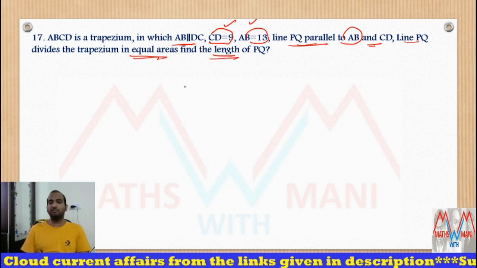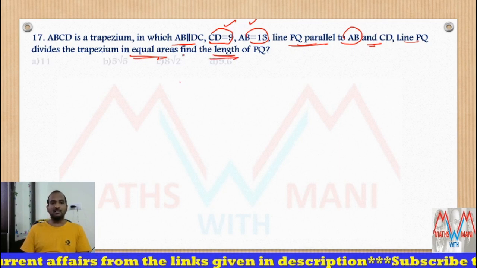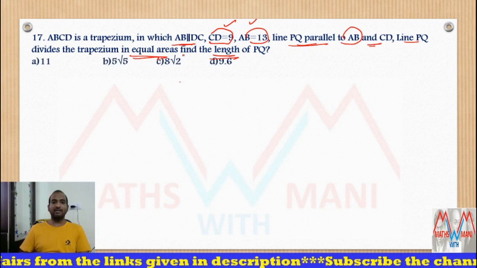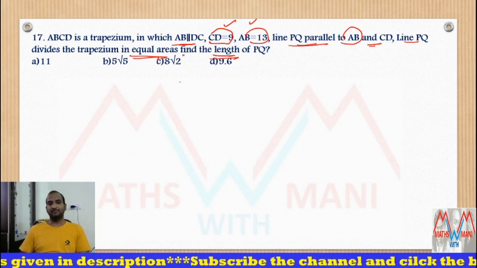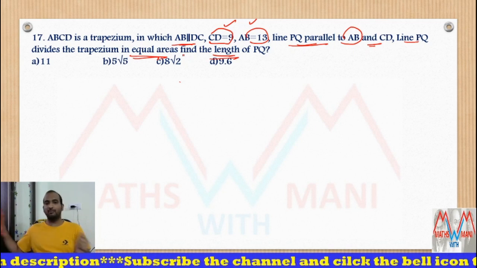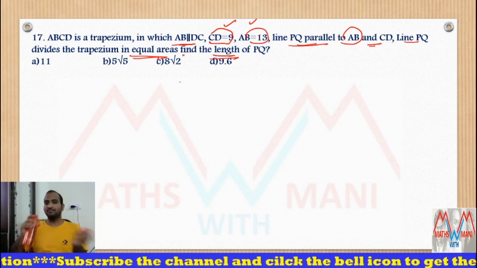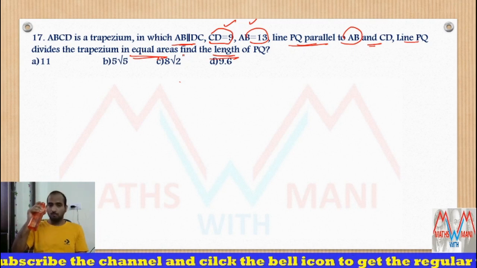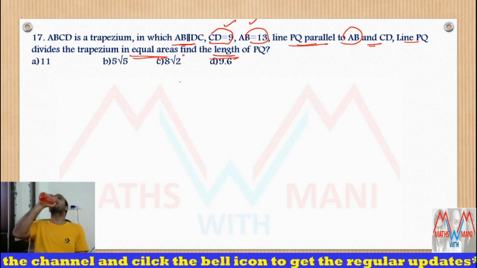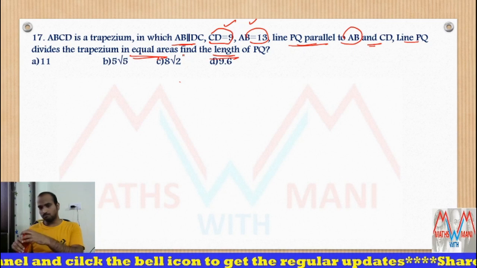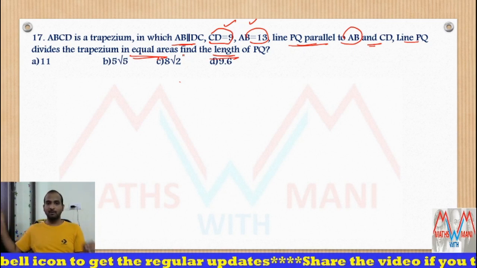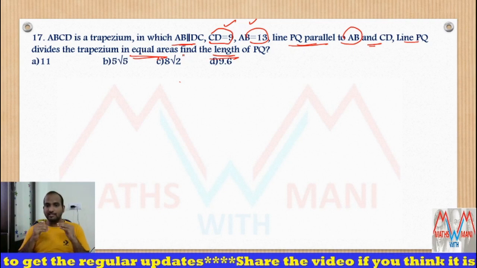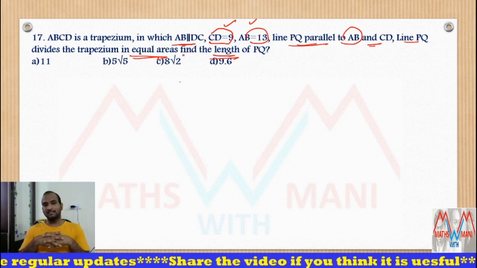Find the length of PQ. The options are 11, 5√5, 8√2 and 9.6. Can you find the value of this problem? Solve it. So PQ is a line which divides the trapezium into two equal parts.